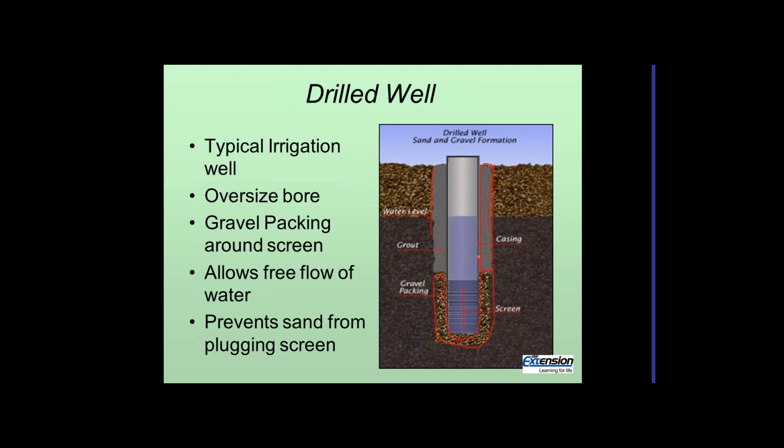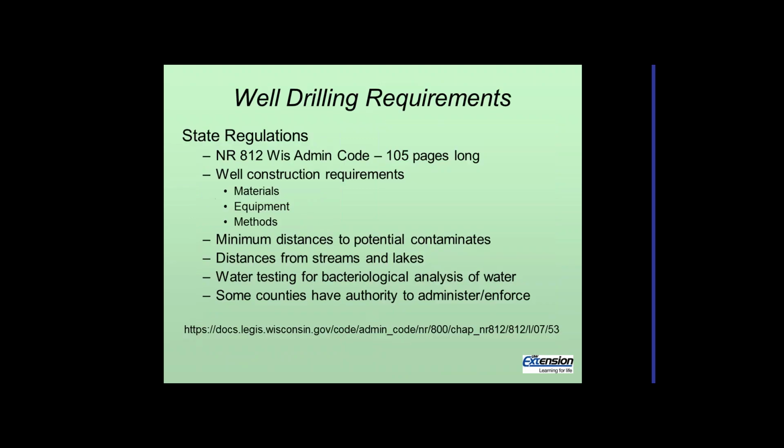So that's typical. In a typical well, you might have a 20-inch or 18-inch bore, and then the casing might be 14 inches in diameter. That would be a typical well size for Wisconsin. For drilling wells, we have state requirements. Basically, it's NR 812, Wisconsin Administrative Code.